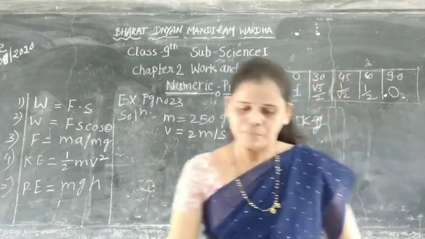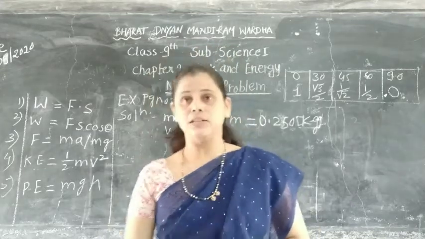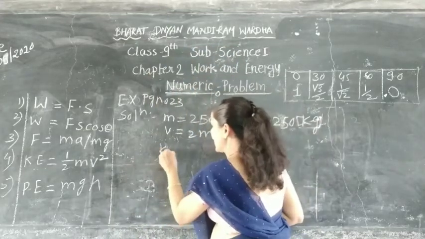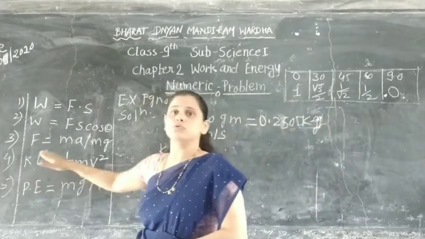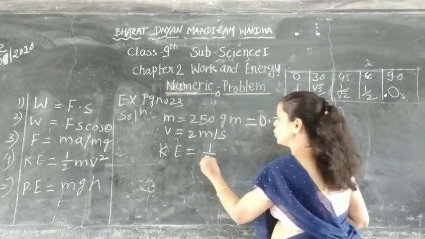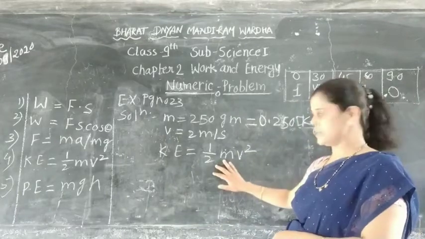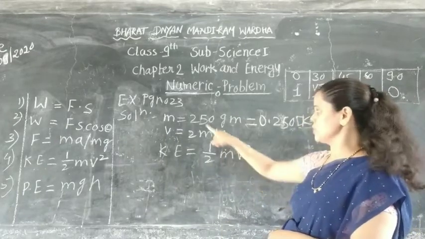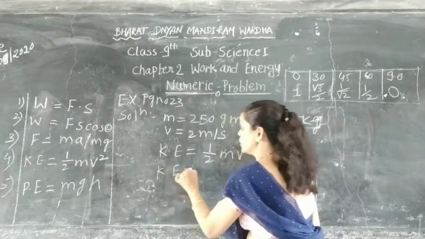Then we have to find the kinetic energy. You know this formula: kinetic energy equals 1/2 mv square. All the values are given, check. M is given, V is given. So put in all the values.